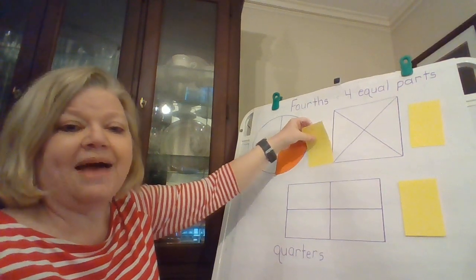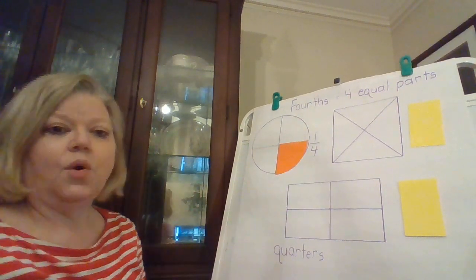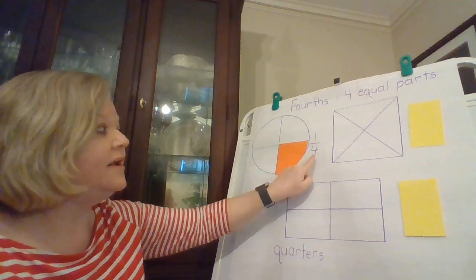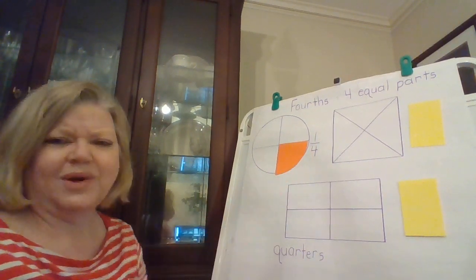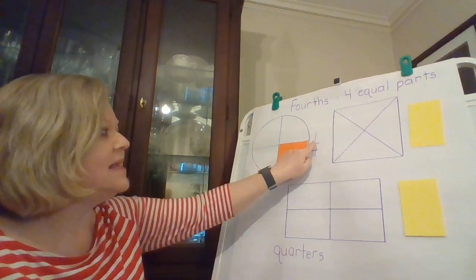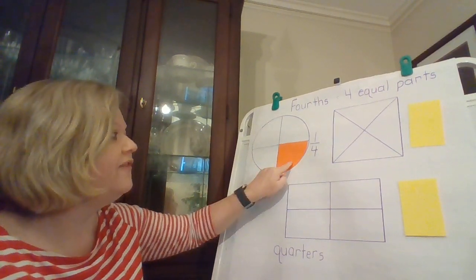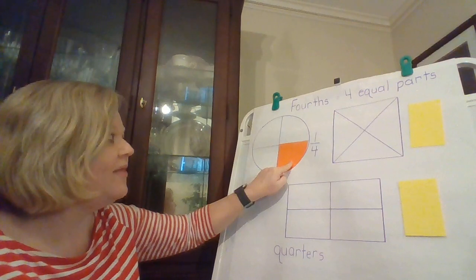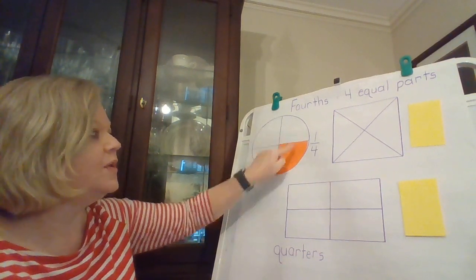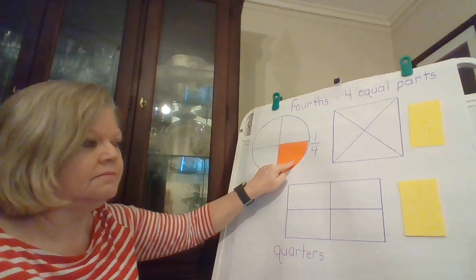I then have a fraction which is 1/4. What does that mean? That means that one part is colored or shaded out of 4 parts altogether. 1, 2, 3, and 4.